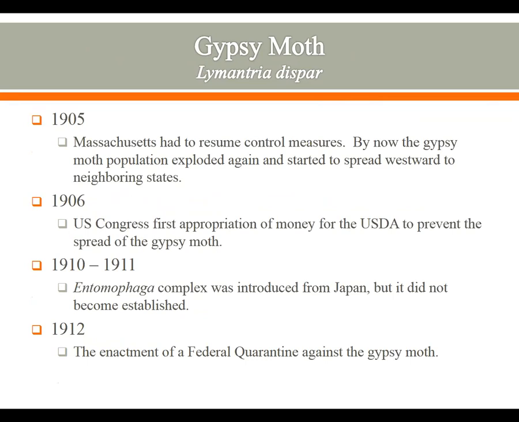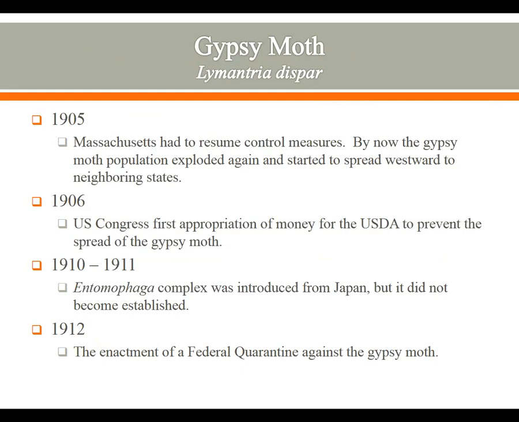So in 1906, the U.S. Congress first appropriated money for the USDA to slow the spread of the gypsy moth. Then in 1910 and 1911, sometime in that area, the Entomophaga fungus was introduced from Japan to also help try to slow the spread of the gypsy moth, but it did not really establish itself at that time.